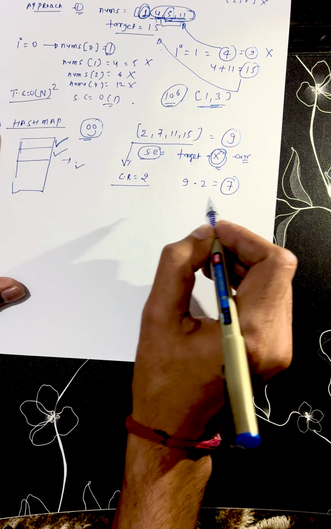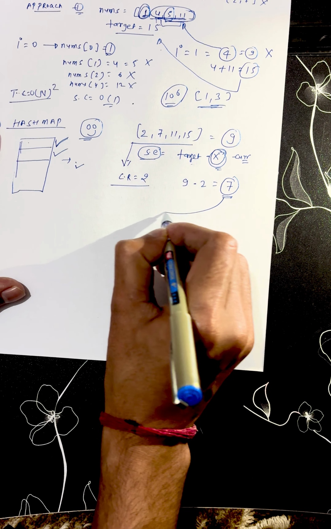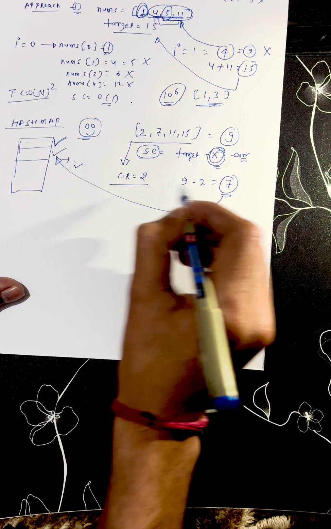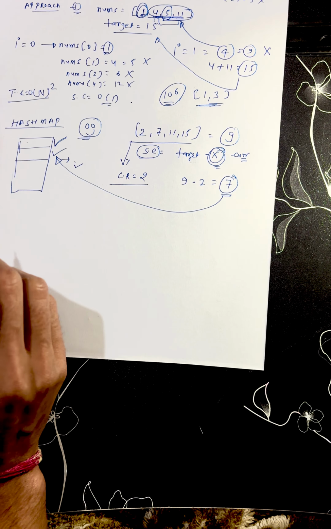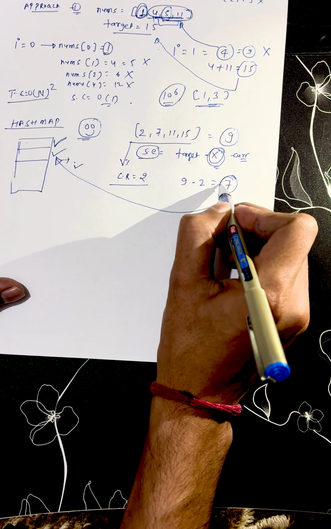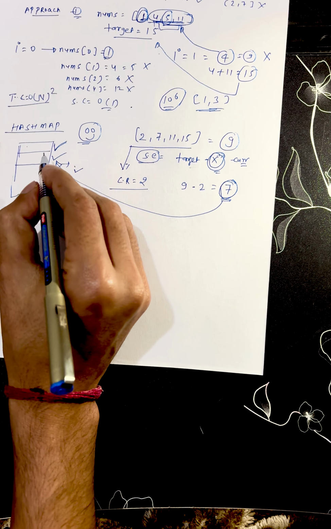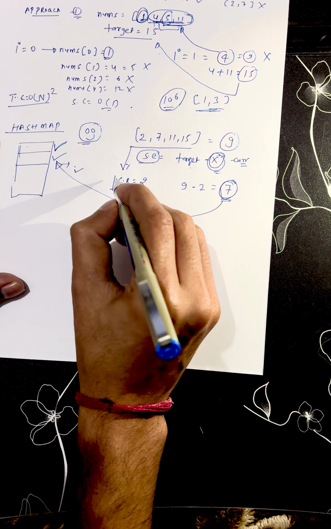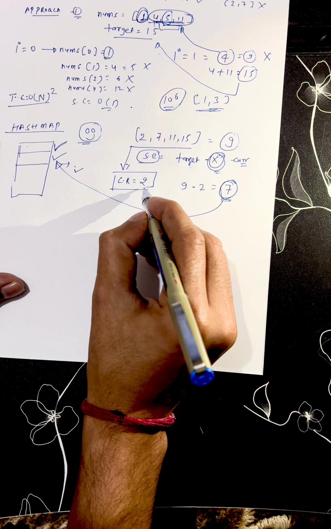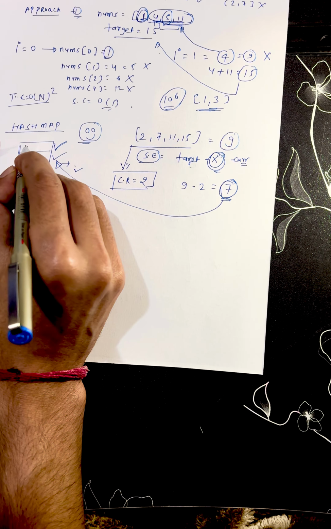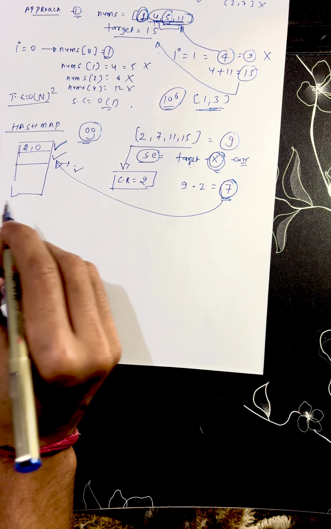We will search for this 7 in our map. If we don't find this 7 in our map, that means this element is not present, so we will store this current element with its index in our map. So we will store 2, 0 in the map.